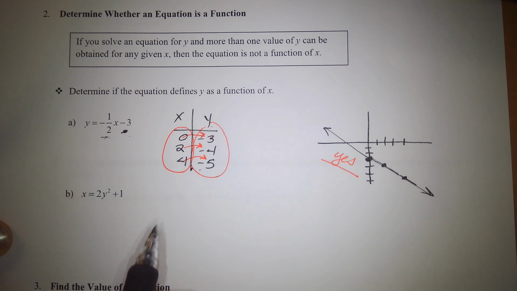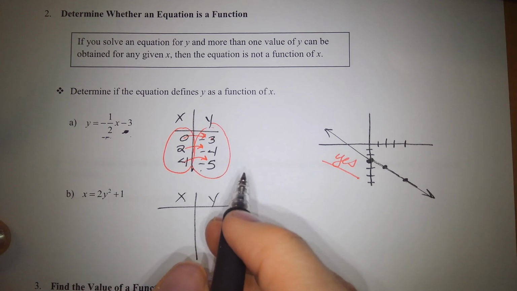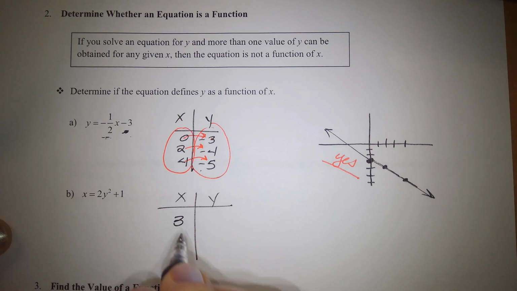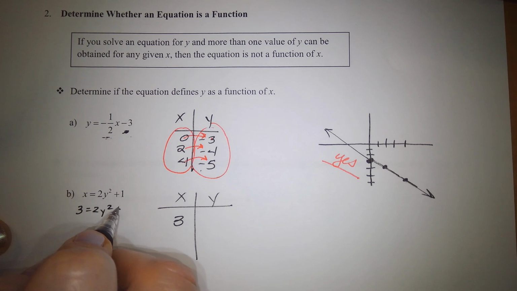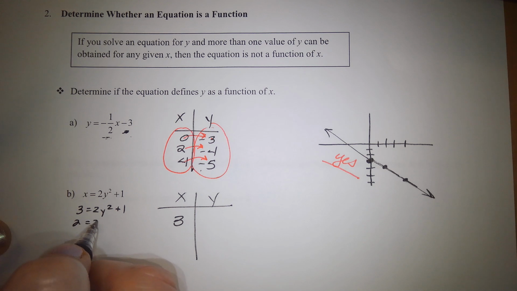Now when we look at the second one, let's make another table. For example, if I plug in x is 3, and I solve this, it's a little backwards because x is on the other side. Let's subtract 1 from both sides. Let's divide by 2.